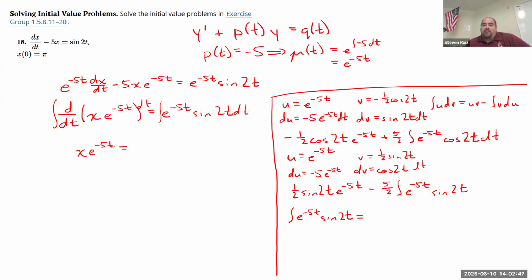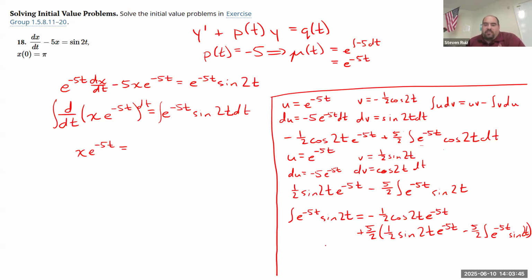This has been equal to negative 1/2 cosine 2t e to the negative 5t plus 5/2 times this integral, but even this integral we did something else with: plus 5/2 times this, 1/2 sine of 2t e to the negative 5t minus 5/2 times the integral of e to the negative 5t sine 2t.